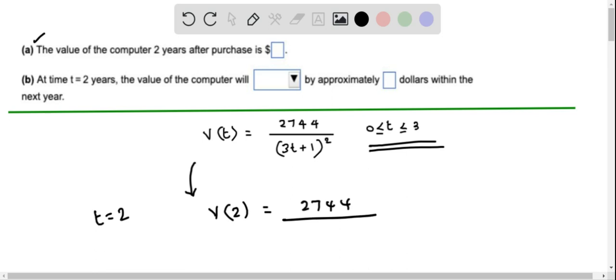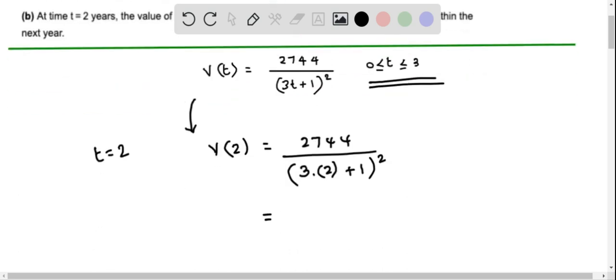2744 divided by 3 times, in place of t we have to replace 2, so it becomes 3 times 2 plus 1 quantity squared. So let's simplify this. This gives 2744 divided by 3 times 2 is 6. 6 plus 1 is 7, so it's basically 7 squared, and this equals 2744 divided by 7 squared, which is 49.